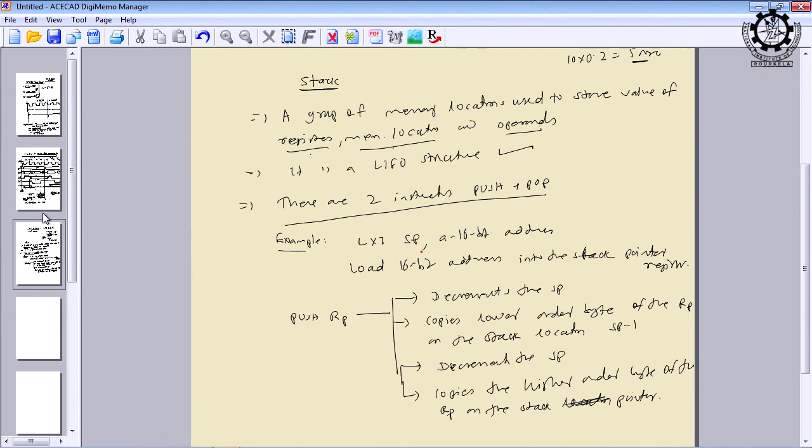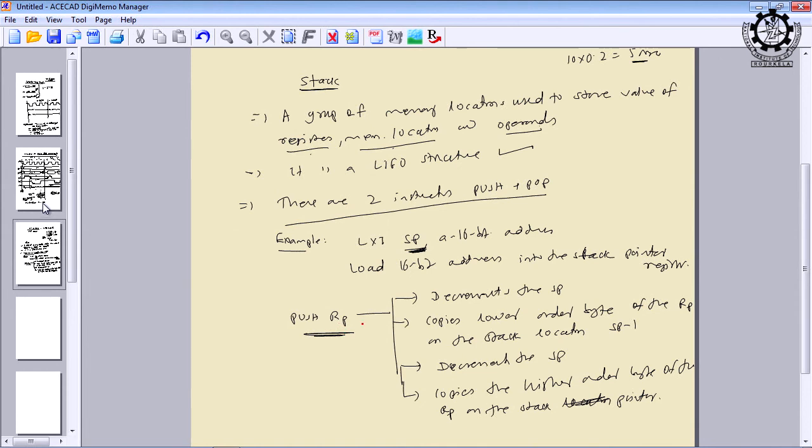The instruction which is mostly used for stack is LXI SP, a 16-bit address. A 16-bit memory location address we want to load on the register stack pointer. Then if you write push RP, the register pair must have some value.